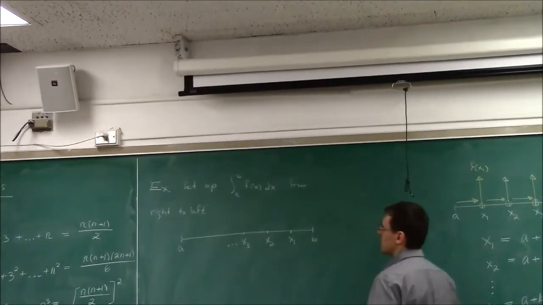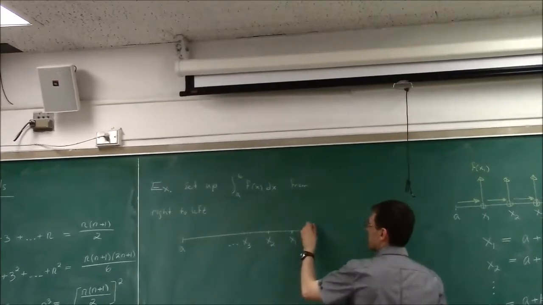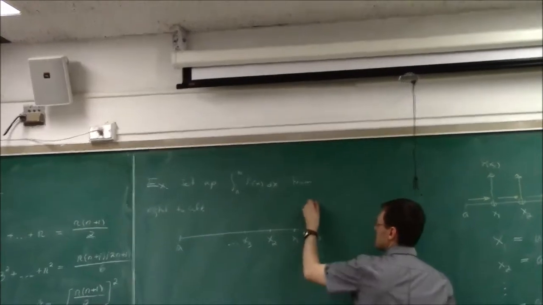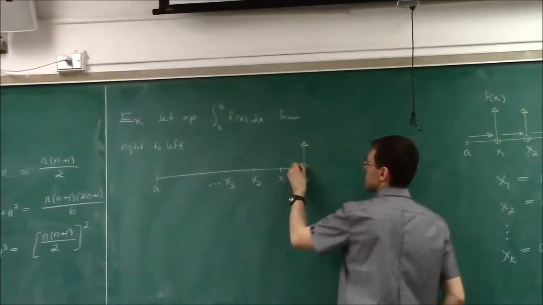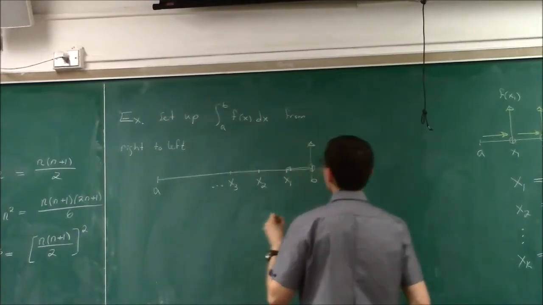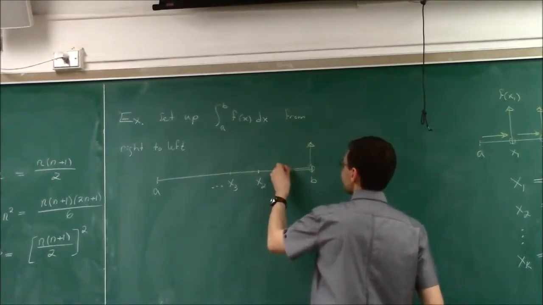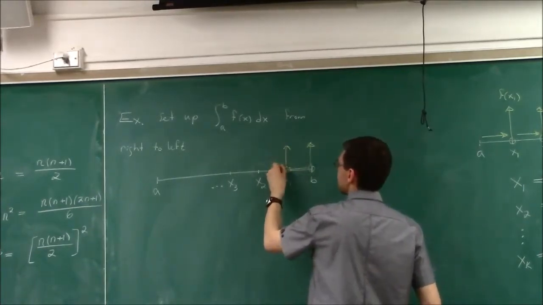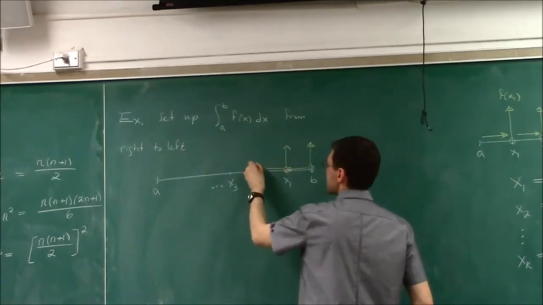And here is how you move. So what you do is, your first point that you select is this. Then you move and select this. Then you move, select this.